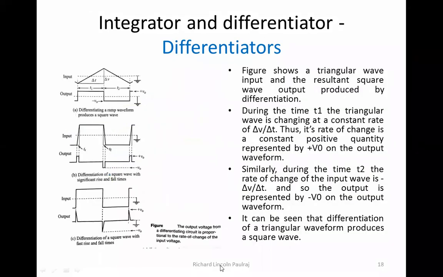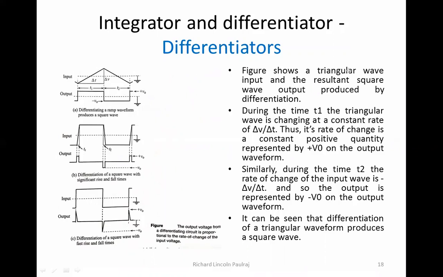Okay, so here are some of the waveforms. Very interesting waveforms. This could even be asked in your interviews. In a differentiator, if a triangular wave is given, what is going to be your output? Your output is going to be in the form of a square wave. Similarly, if you give a square wave as an input to an integrator, you should be able to get a triangular wave.